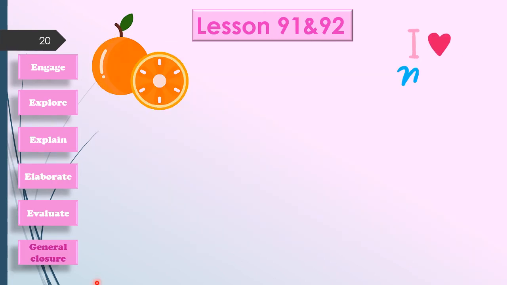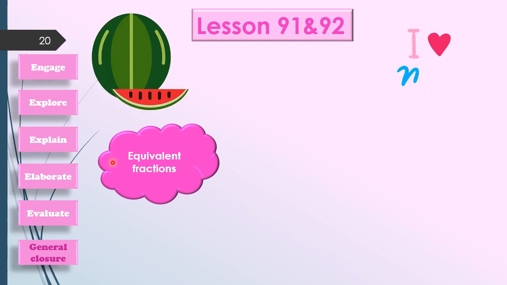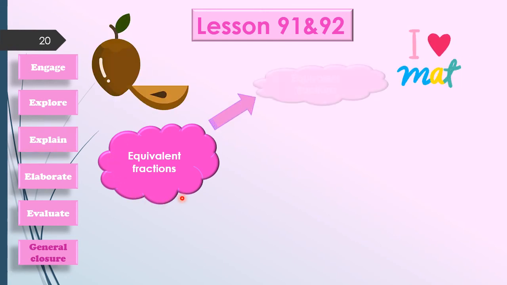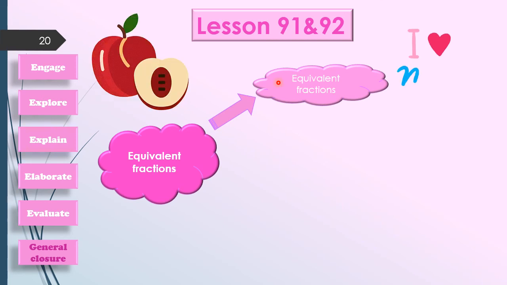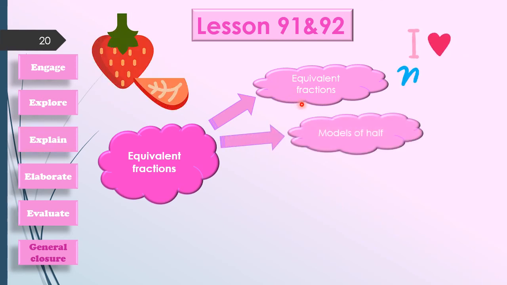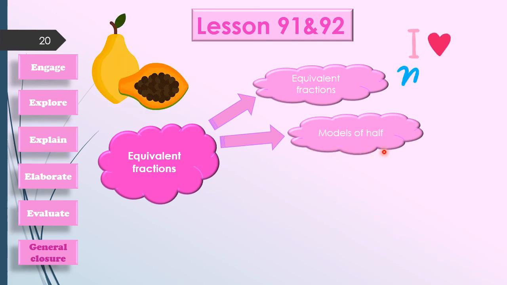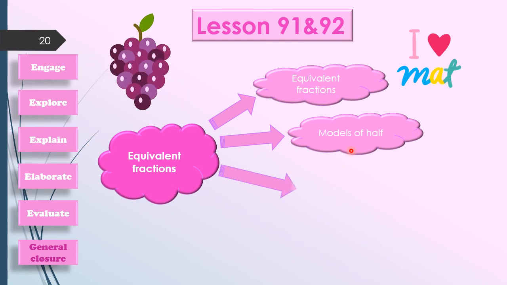Now let's go to our closure of this lesson. Here we talked about equivalent fractions. First, we talked about equivalent fractions of half, models of half using fraction strips and number line.